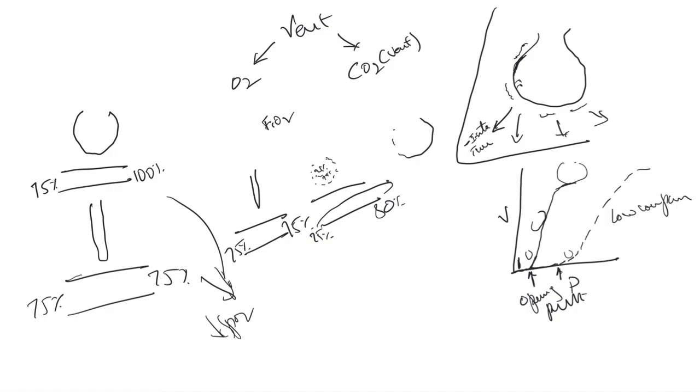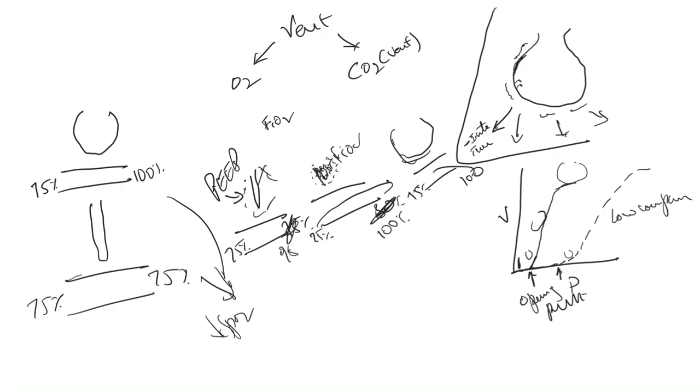And then you have the normal alveolus where you're going to enter at 75 and leave at 100. In this scenario, if you increase the FiO2 to 100%, this is going to reach 100% SAT. You're not going to make a difference to this one. This, you have to increase the pressure to pop open. So this is PEEP. PEEP will do this. It will open and now your O2 will increase, let's say 98 or so. FiO2 works on this smaller alveolus that hasn't fully collapsed.